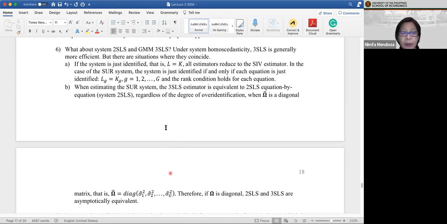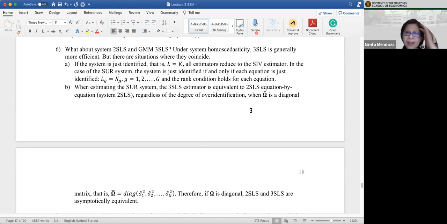So if L is greater than K, but the disturbances across equations are not correlated, then the three-stage least squares estimator is equivalent to two-stage least squares equation by equation.